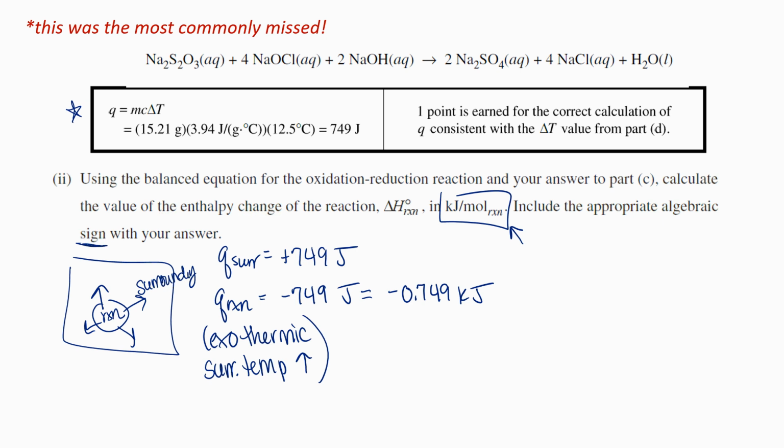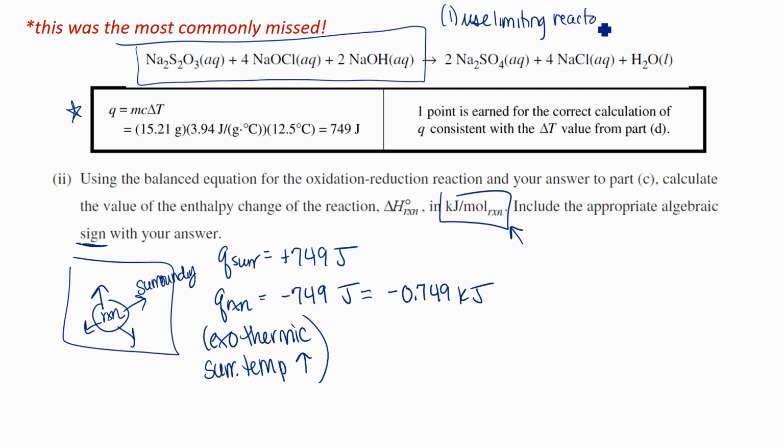So this reaction has 3 reactants in it. So whenever we're trying to find the energy per mole, first I want to use the limiting reactant. And then I want to convert moles of reactant into moles reaction.